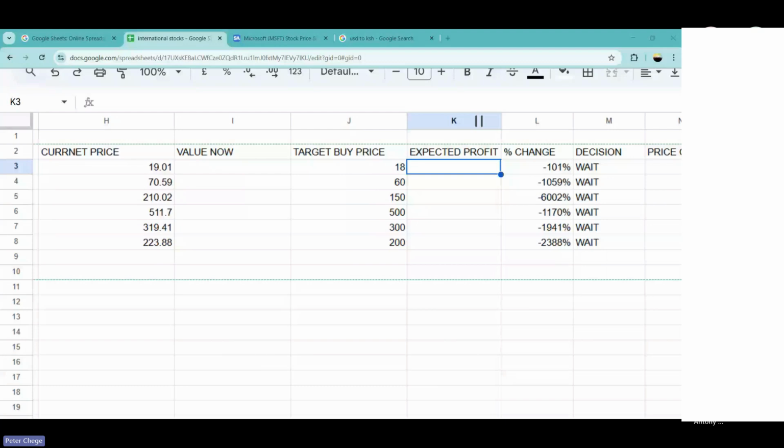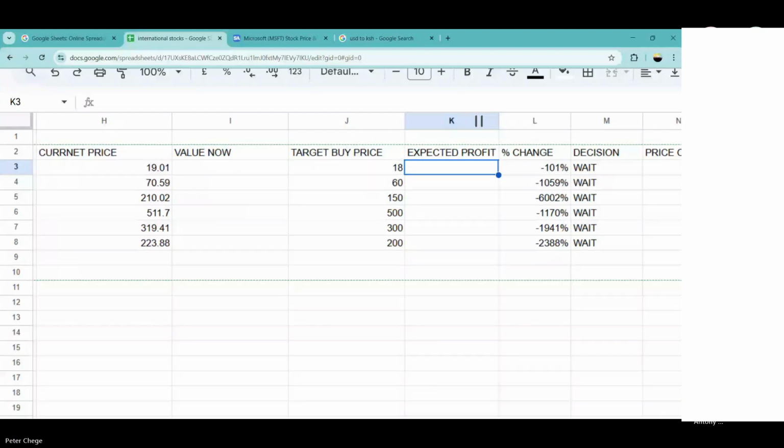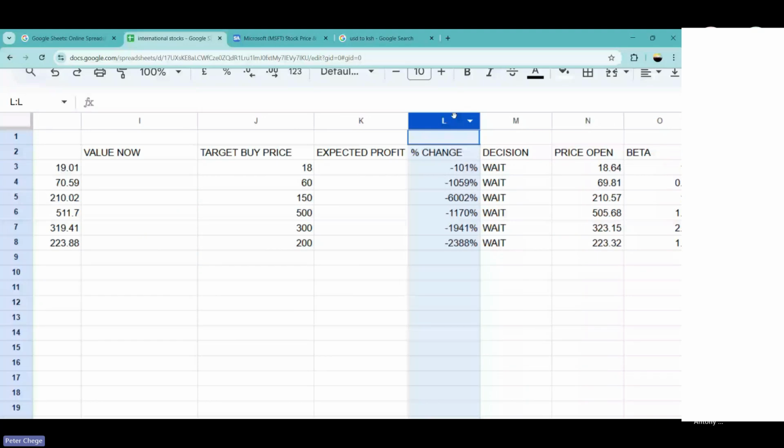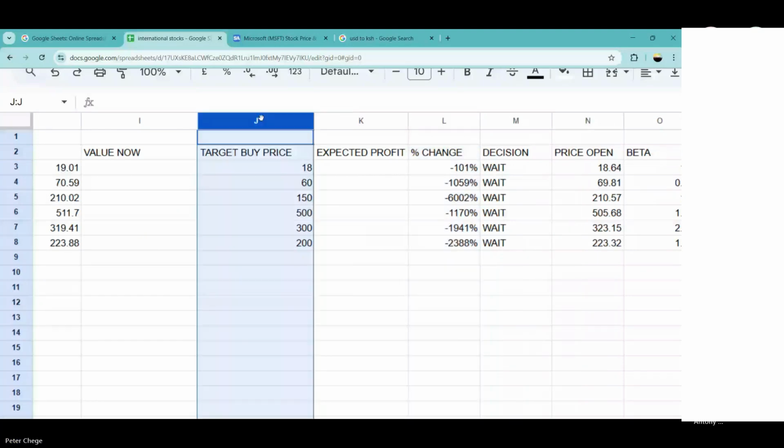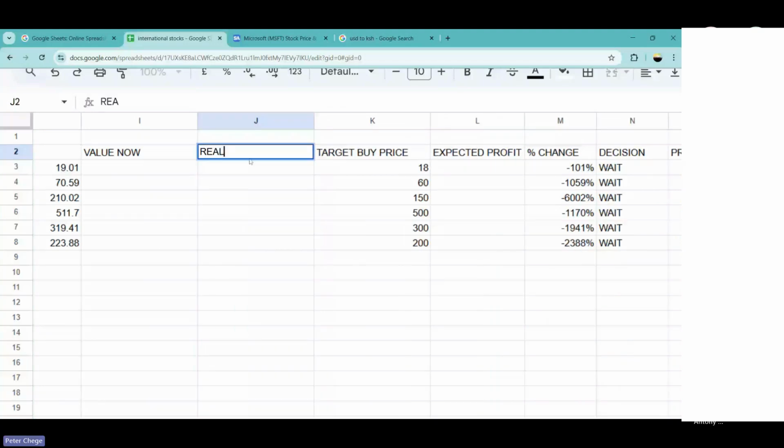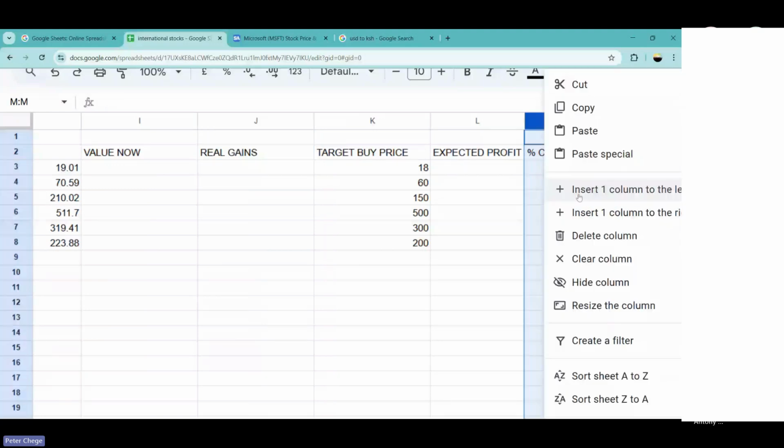Then gains. So you have real gains. Let's put here real gains and expected gains. So you ignore the other columns, the ones that are beyond that. Expected gains.